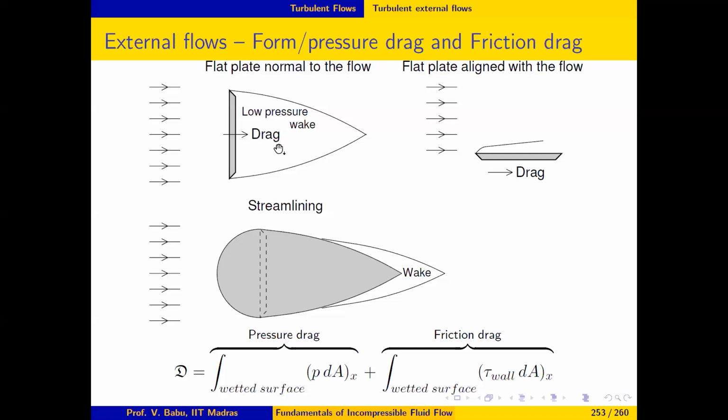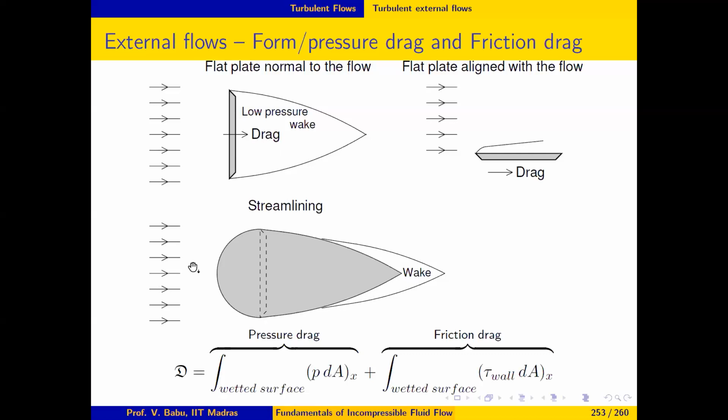Now, one way to reduce pressure drag in this situation, for instance, here the flat plate is shown using dashed lines, is through streamlining. Here, the front part of the object is made smooth, and the rear part of the object is also streamlined as shown here.